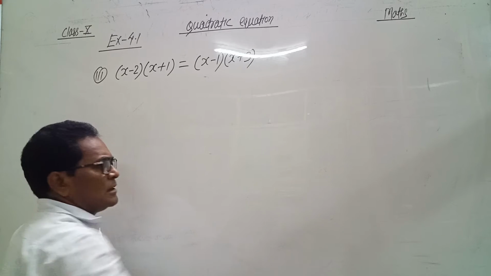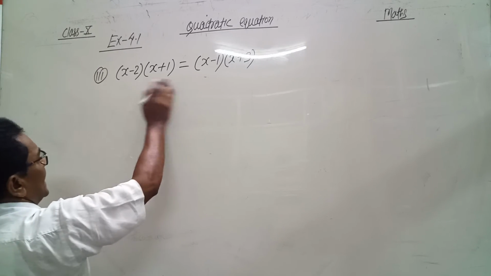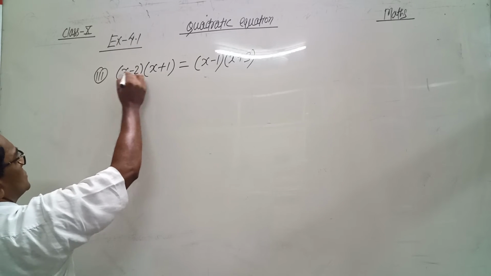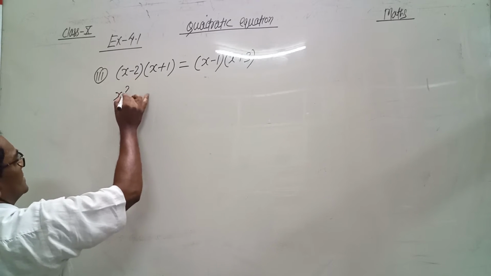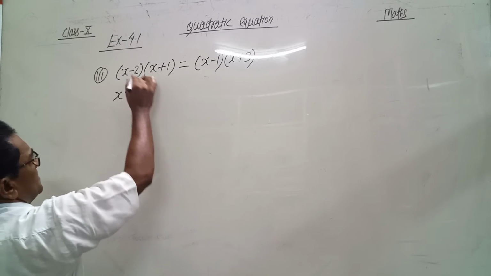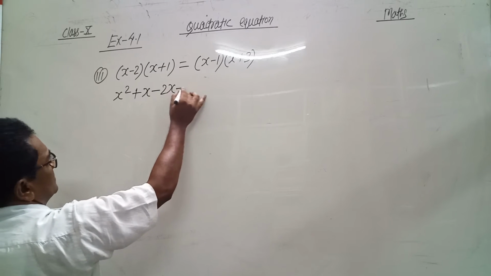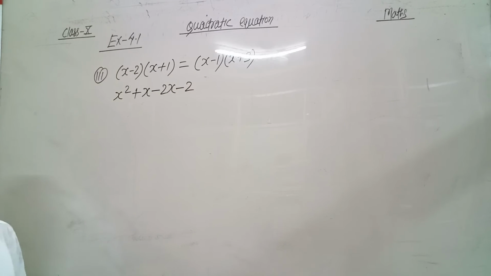So we have to solve the equation first. So multiply these two bracket terms. So x into x, x square, plus x into plus 1, plus x, minus 2 into x, minus 2x, and minus 2 into plus 1, it gives minus 2.